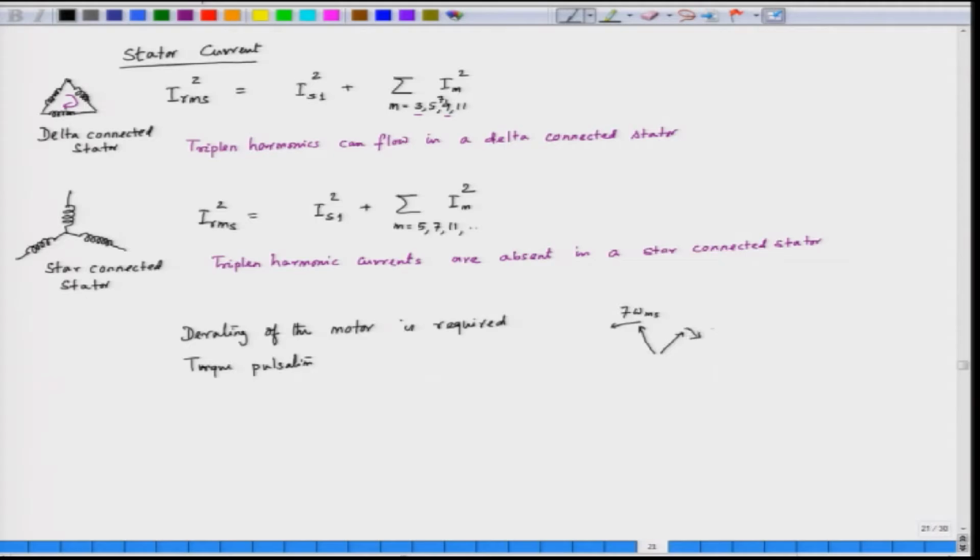These harmonics will interact with each other to produce pulsating torque. The torque will be pulsating, and this will also interact with the fundamental component to produce pulsating torque. This will give rise to the noisy operation of the motor.